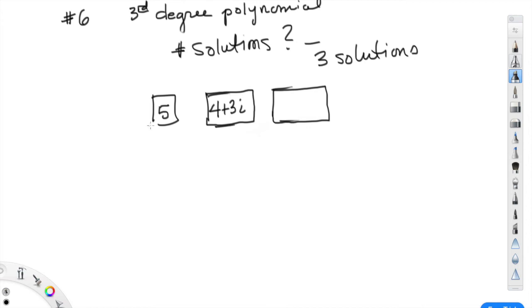The fundamental theorem of algebra tells us that anytime there's an irrational or complex solution, the conjugate of that will also be a solution. We're not going to look for the conjugate of the integer since it's not irrational or complex. But 4 plus 3i is a complex number, and its conjugate is 4 minus 3i. That gives us all the solutions we need. So that's how you do that one.